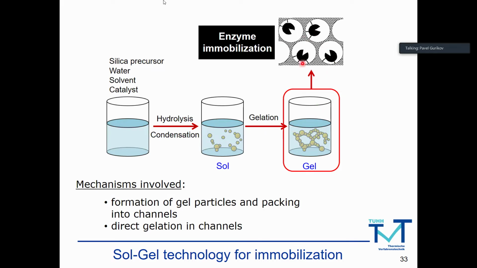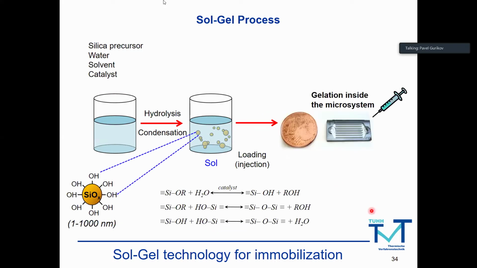It is physically bound, not by chemical bonds but by physical bonds, which keep the enzyme in the gel. We know, for example from electrophoresis, that gels are permeable to an extent even for big molecules. So gels are always a good option for immobilization. That's exactly what we do.